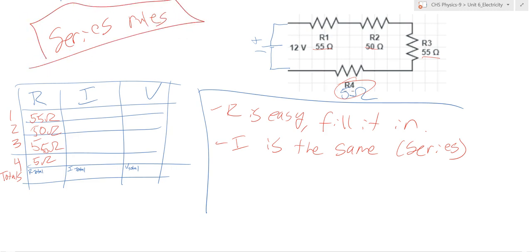You will have a different set of rules for parallel circuits. The voltage is going to change at each resistor. I should say the voltage changes.